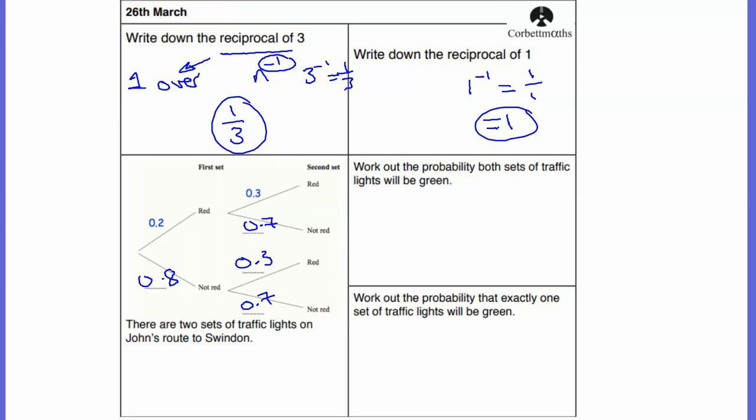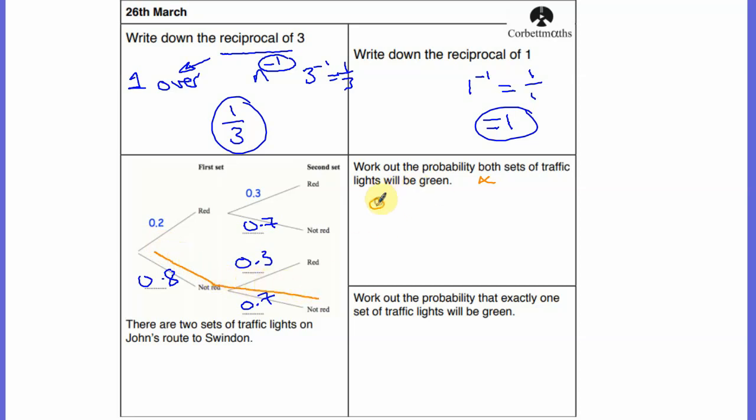Let me get a different colour for this. So work out the probability that both sets of traffic lights will be green. So it's either going to be, I assume this is either going to be red or green. There's no orange in these traffic lights in Swindon. So with it being not red, then that's going to be green. So green and green.